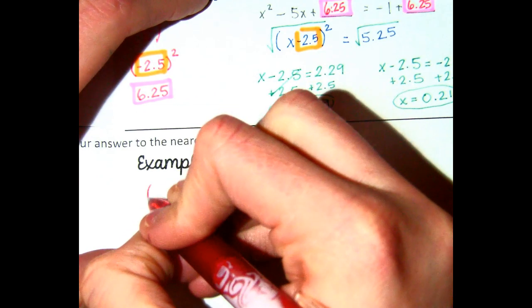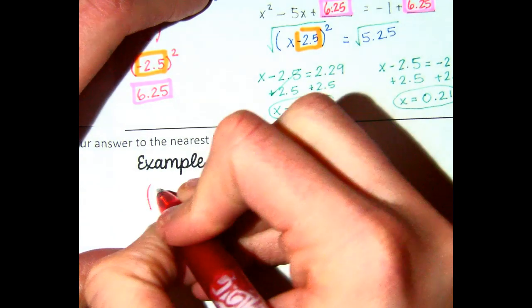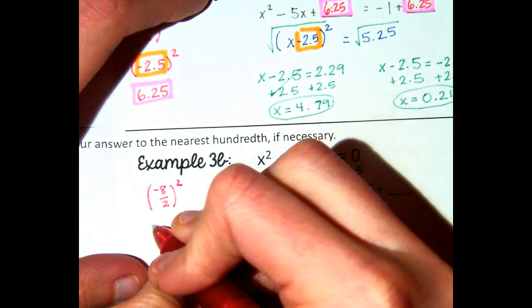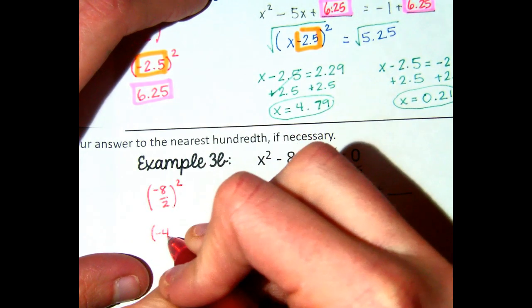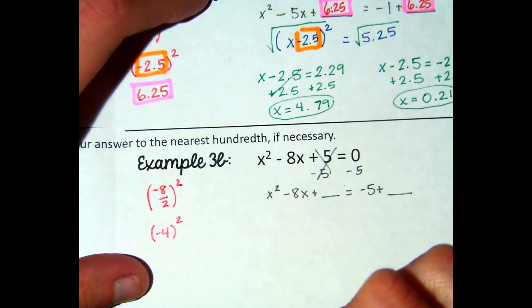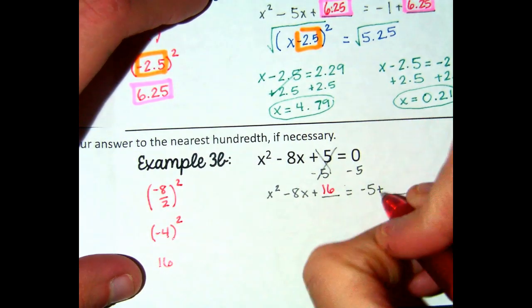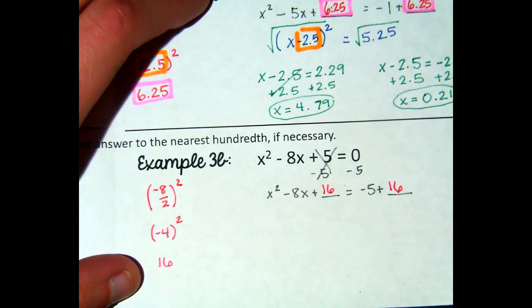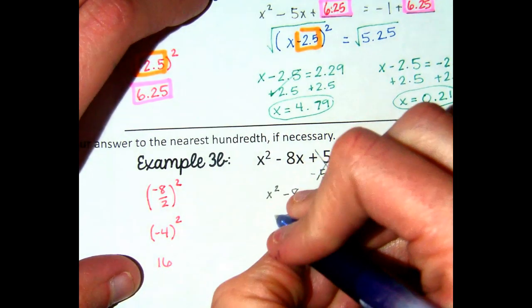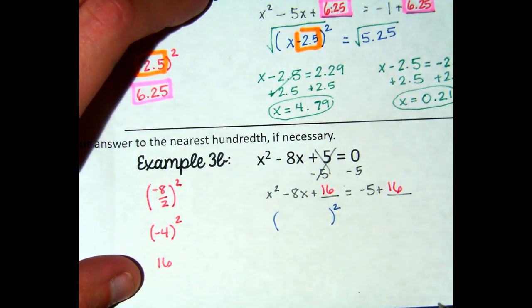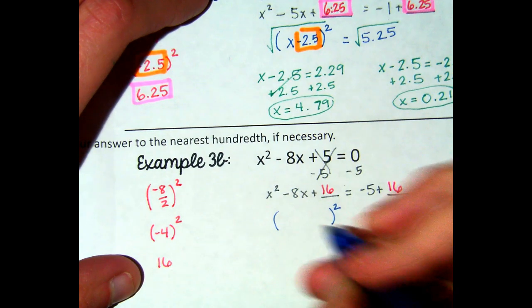Now, what do I do as my side work over here? What is negative 8 divided by 2? What is negative 4 squared? 16. Now, what do I do? What's the perfect binomial here?